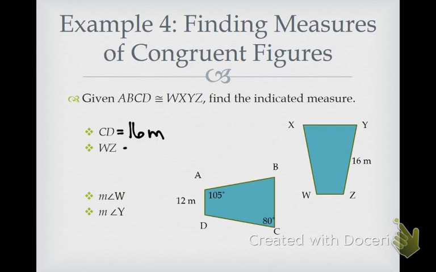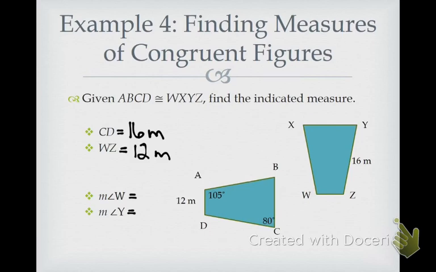Now find the measurement of side WZ. WZ corresponds with AD, which is 12 meters. Not drawn to scale. Don't focus on that part. Now find angle W and angle Y. Doing the same thing, you're going to use their corresponding angles to find the measurement. For angle W, what is the corresponding angle?